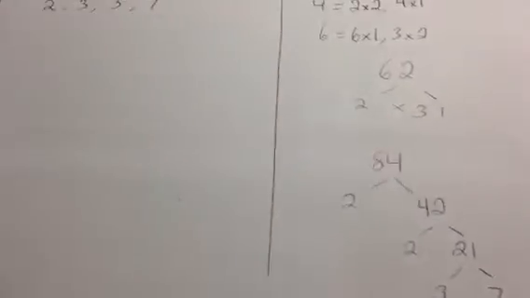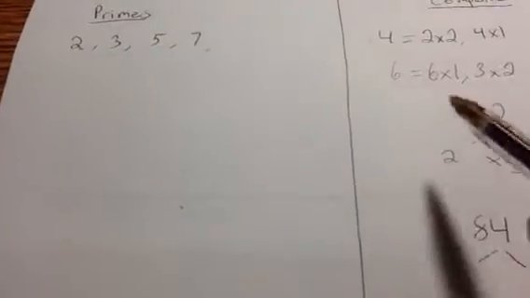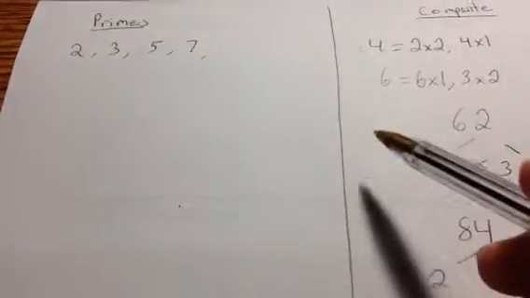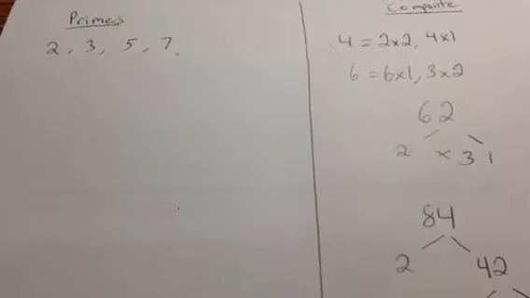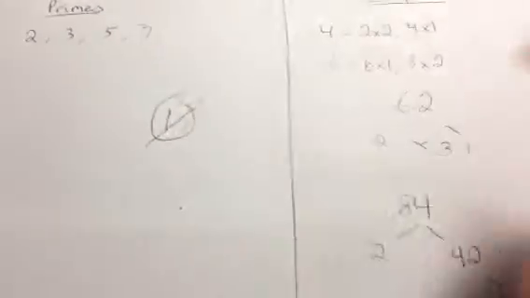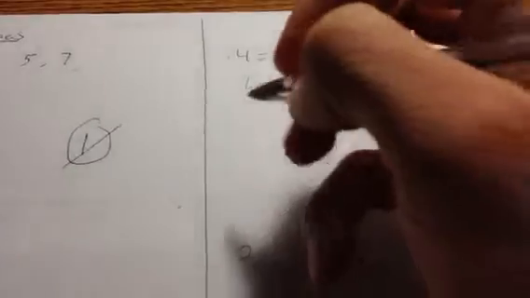Now, you may be wondering why I didn't include 1 on either prime or composite. You would naturally think that 1 is a prime. But actually, 1 is not prime. So is 1 composite?